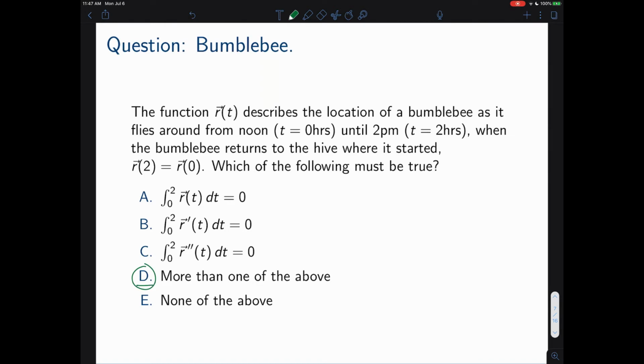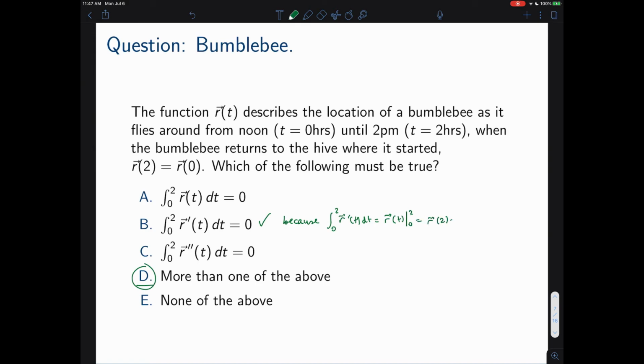So certainly the integral of r prime of t from 0 to 2 is 0, because this integral of the derivative is the antiderivative r of t from 0 to 2.